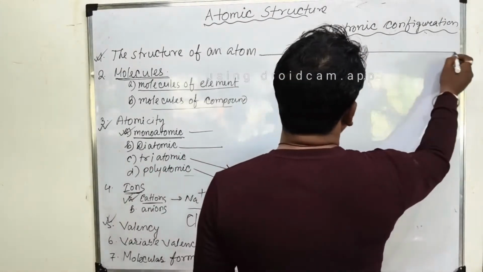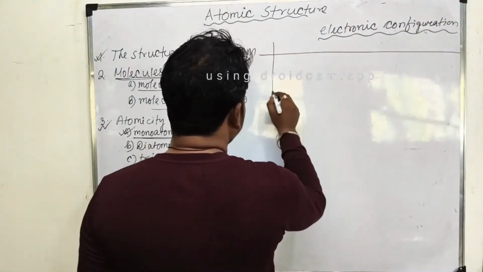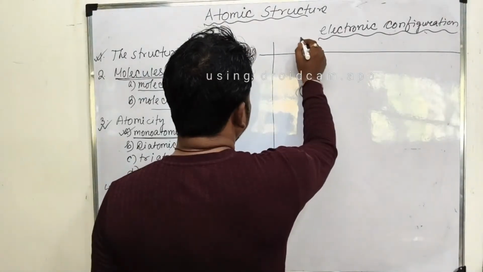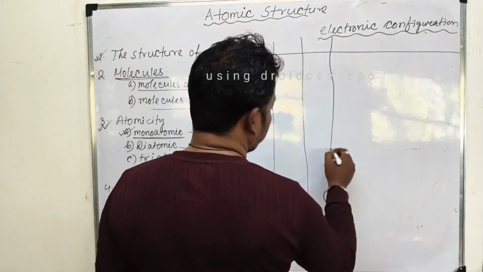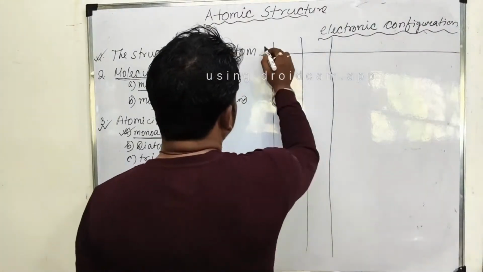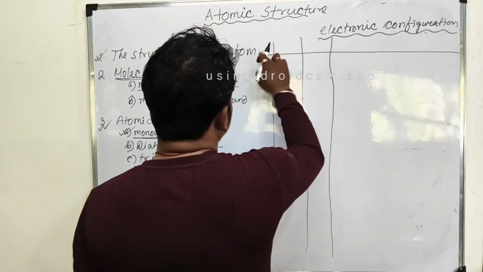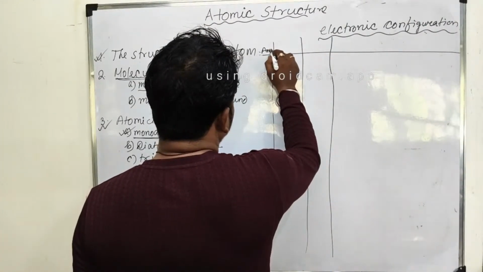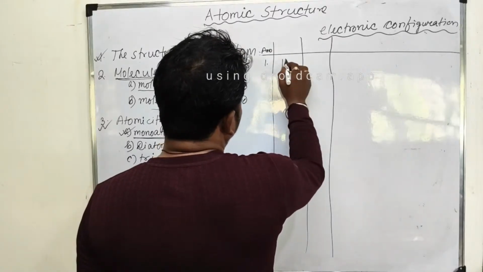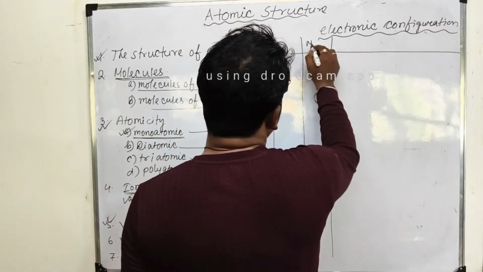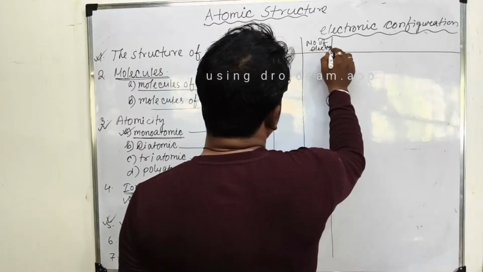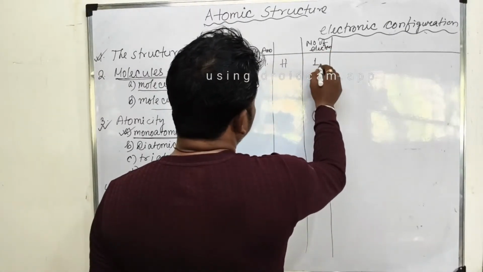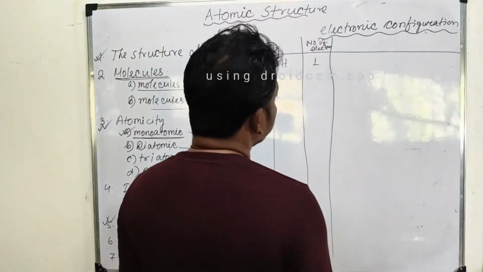Just making a box. Hydrogen. Number of electrons is one.